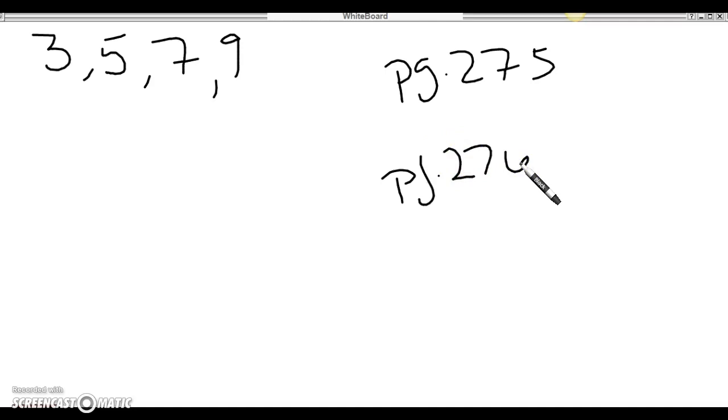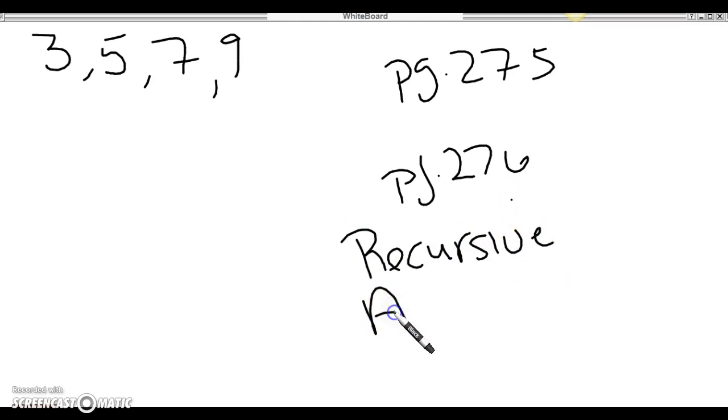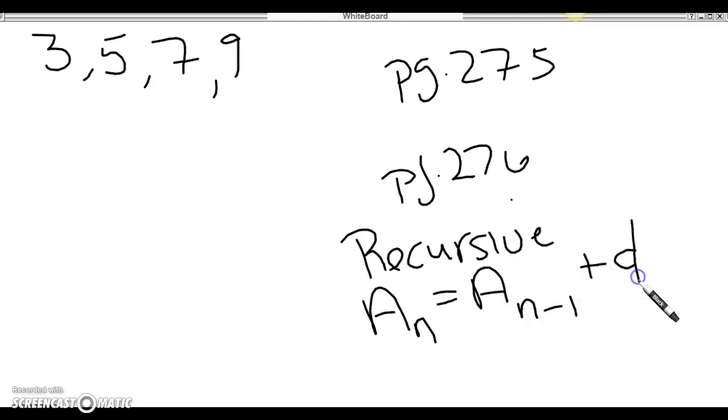And the recursive formula is a sub n, and that n represents the term in the formula, equals a sub n minus 1 plus d, and d is the common difference.